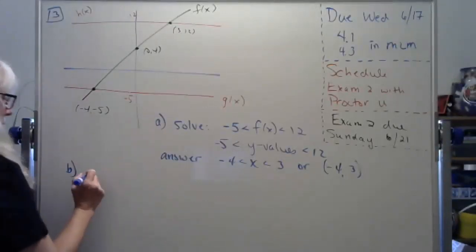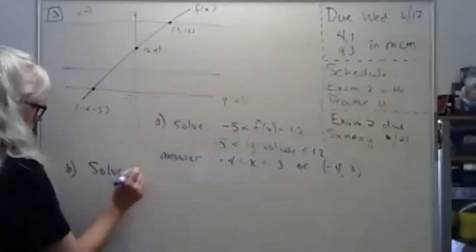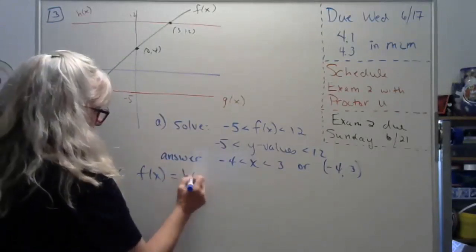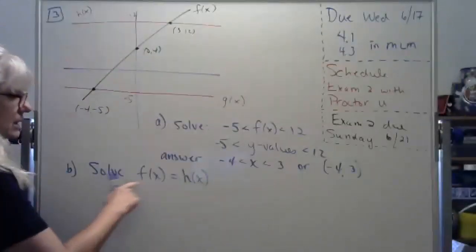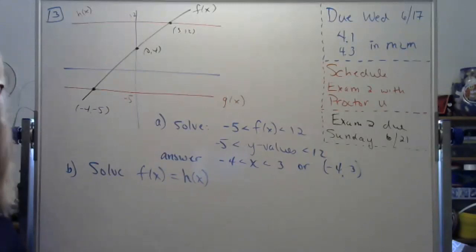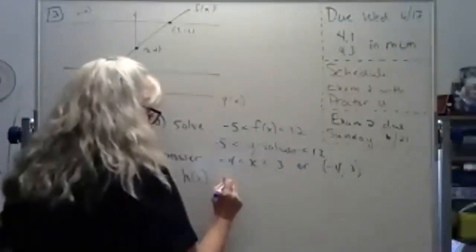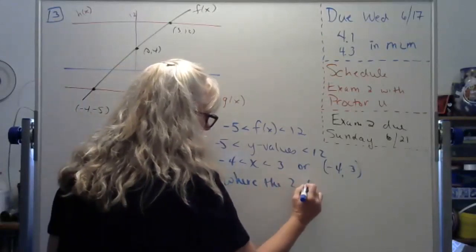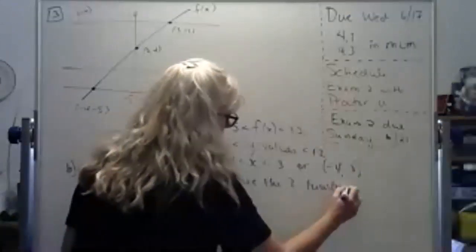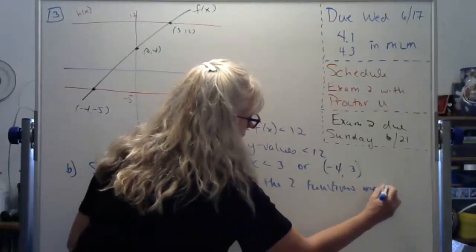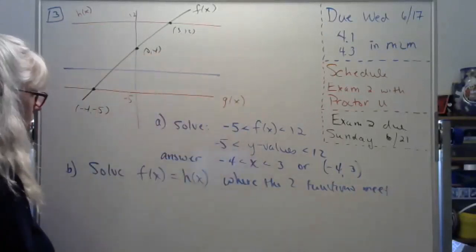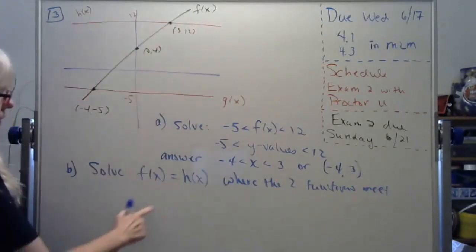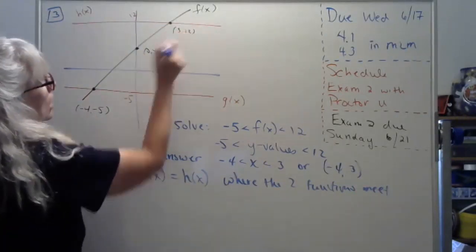Part B on the question asks me to solve f of x equals h of x. So what this is really asking me is to find the point of intersection. This is where the two functions meet, where they cross each other. So f of x is the slanted line, h of x is the horizontal on the top, and these guys meet at this point 3, 12.